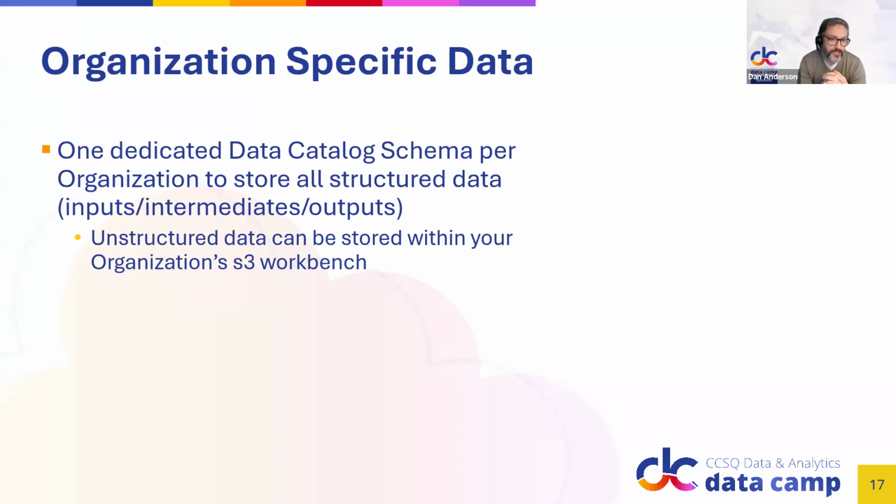And that can include your inputs, your intermediate tables, as well as your outputs. Of course, this isn't the only way you can store your data. Your unstructured data can be stored in your organization's S3 workbench.